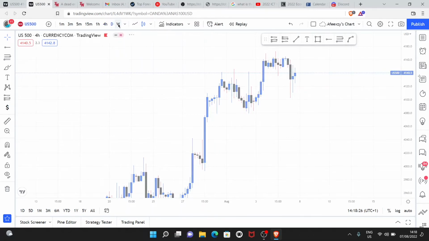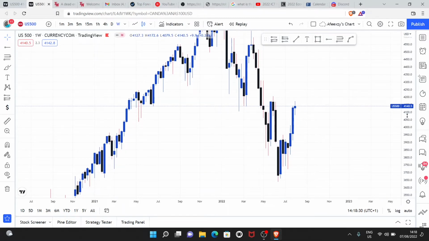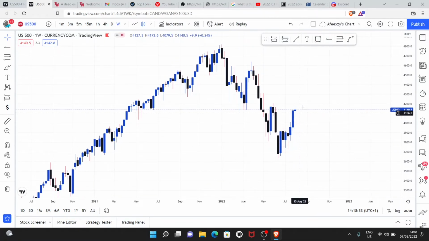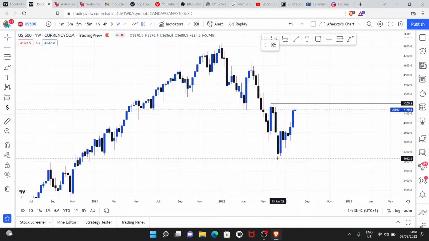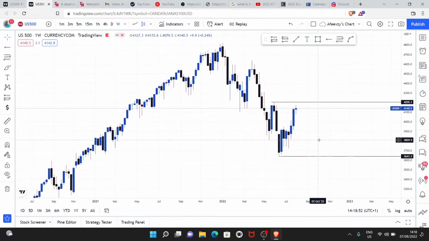On our weekly time frame, we can see here a potential buy side liquidity zone, and here a sell side liquidity zone. Then after that you can see the change of structure here, but let's just leave that.